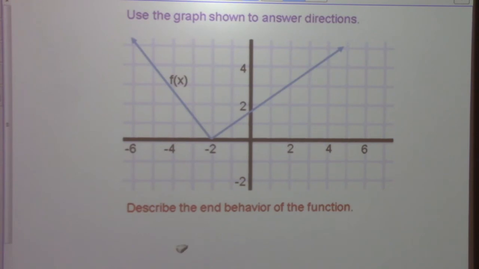Now describe the end behavior of that function.